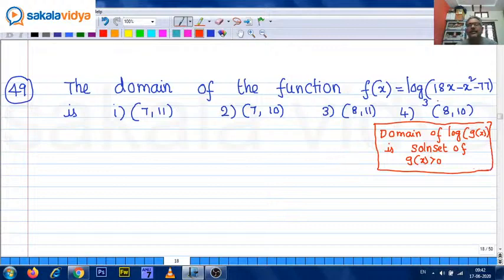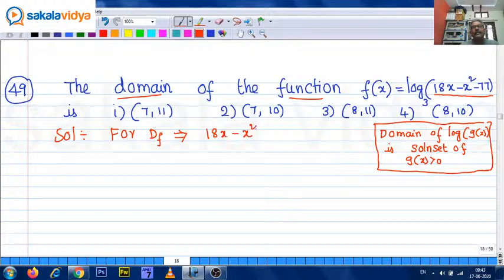So that's why the domain of this function is log of 18x minus x square minus 77. This is g of x. g of x must be greater than 0. Solution for domain, for the domain of the function f, 18x minus x square minus 77 greater than 0.